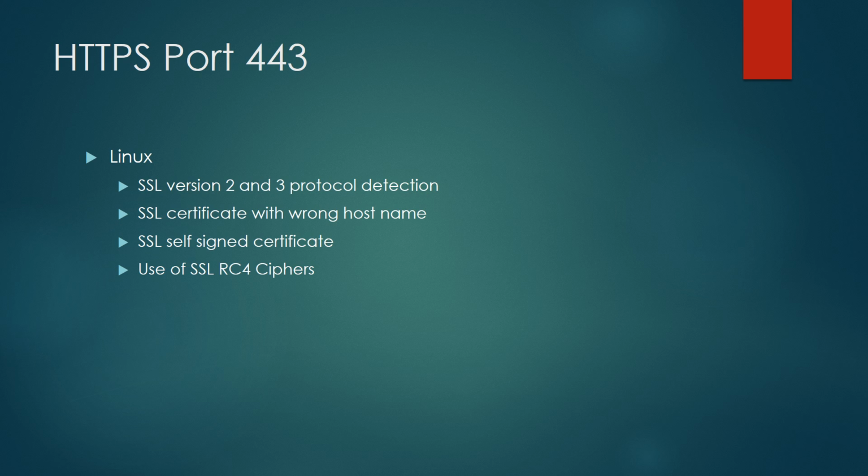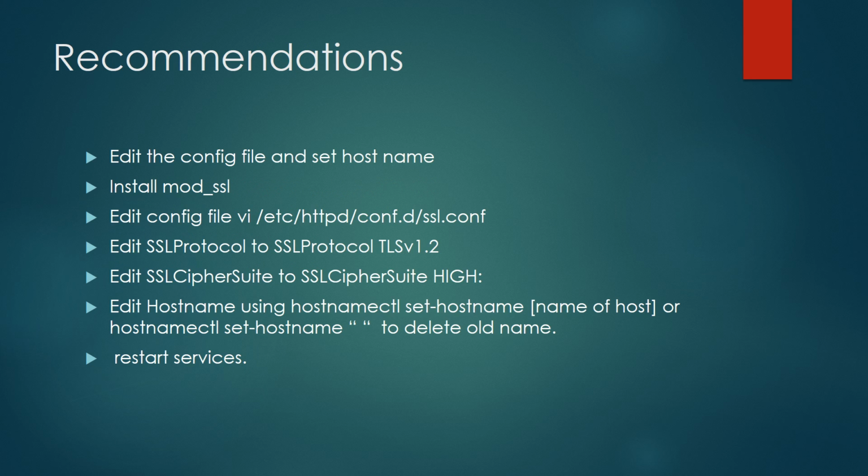The use of RC4 ciphers was another problem she had. The recommendations for the HTTP: I recommended to edit the configuration file and set a hostname. I recommended to install mod_ssl, where you edit the configuration file through vi, or you can do a sudo nano.